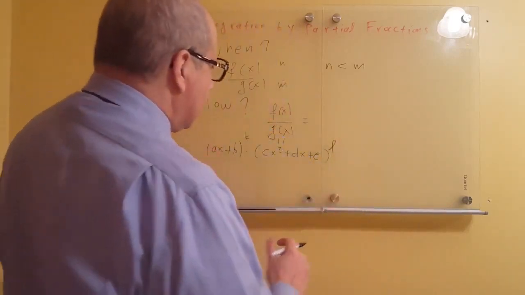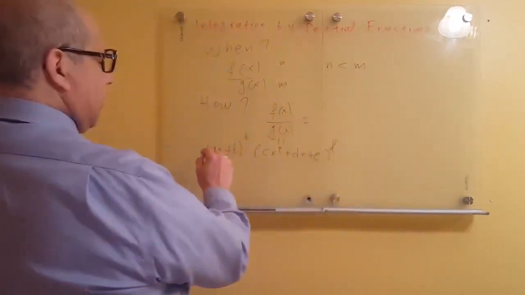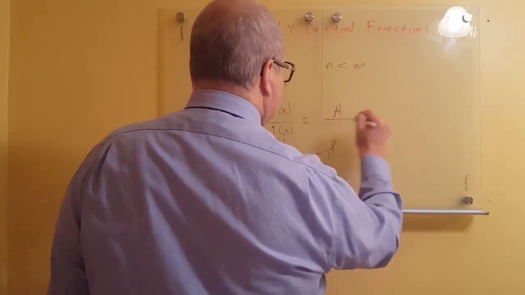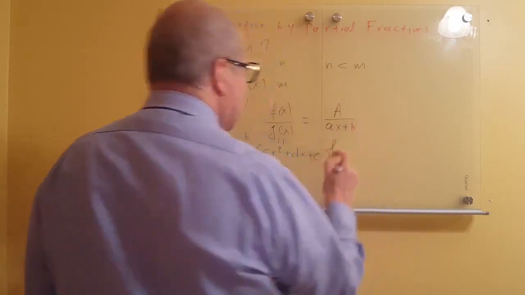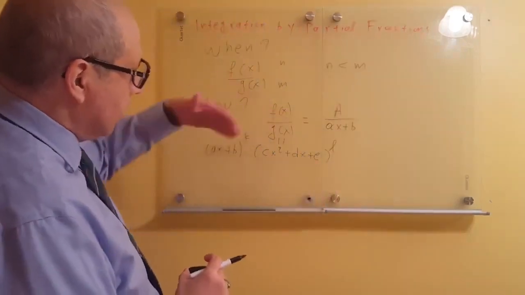So we have to write every linear factor with just a constant above, so ax plus b, but you have to include all the terms.